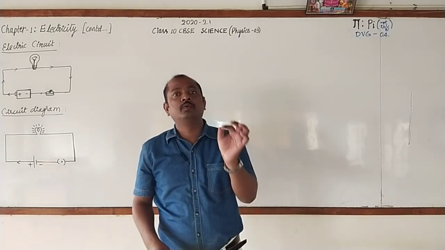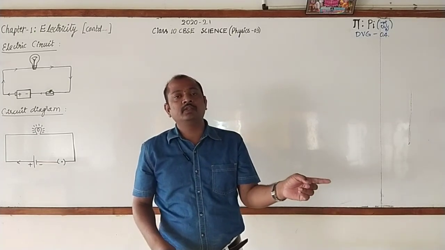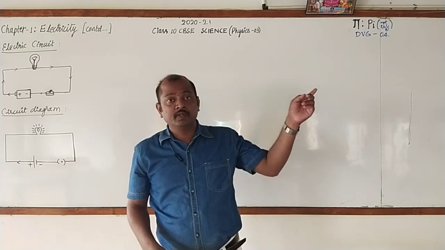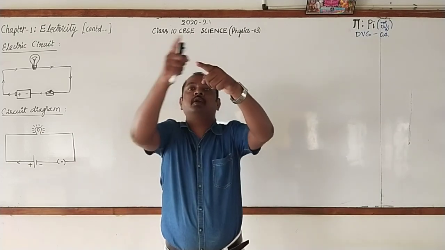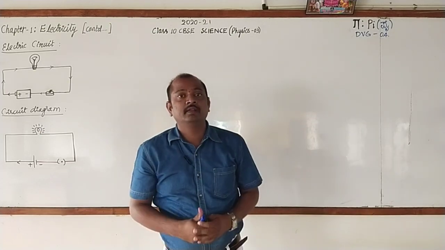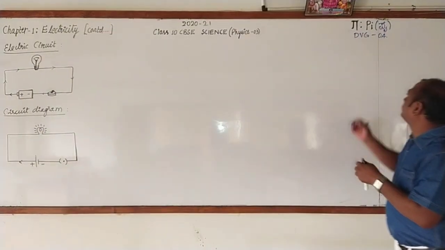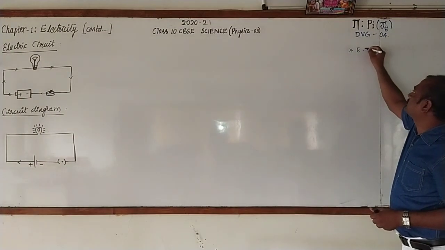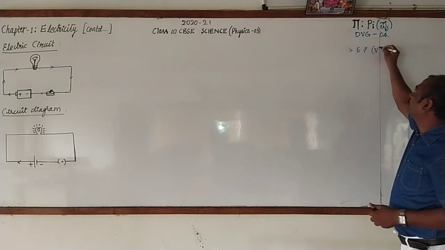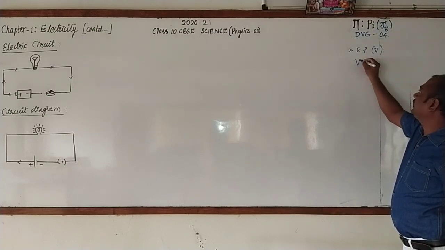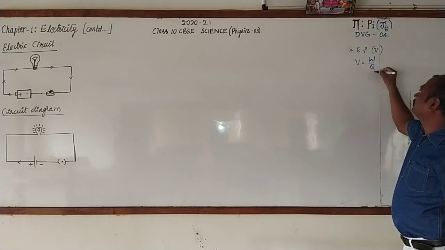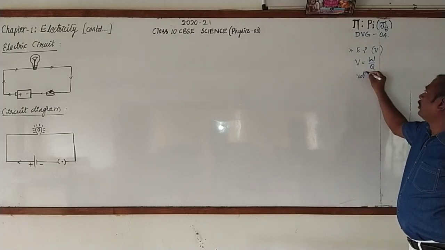What do you call the work done in bringing a unit positive charge from infinity to the given point in an electric field? This is called electric potential, denoted by the symbol V, and the formula is V equal to W by Q, and its SI unit is volt.